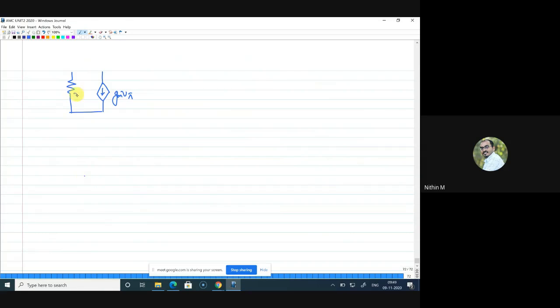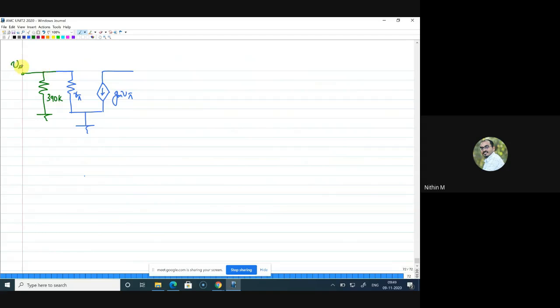This is R pi. Emitter is connected to ground. Now from base, I'll use a different color. From base, I have a different resistance, which is 390k. That is connected to 10 volts, but that should be connected to ground because the 10 volt will be AC ground.